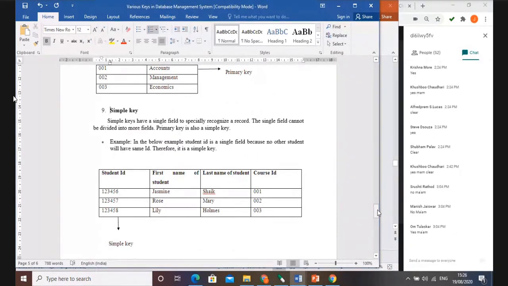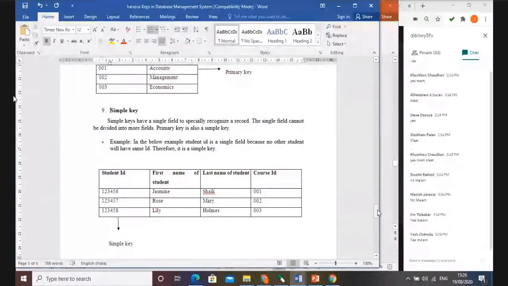Okay, next is the simple key. A simple key is nothing but a single field used to recognize or identify your record. The single field cannot be divided into more fields. Right now we have taken only one field as the primary key to identify the records, and that is known as a simple key.